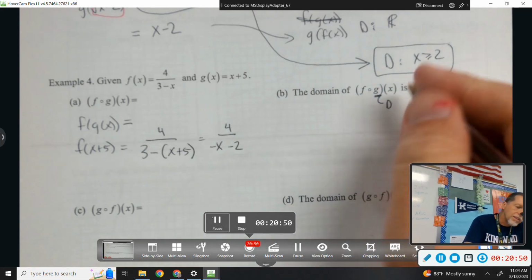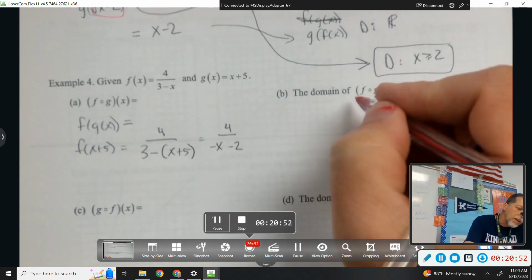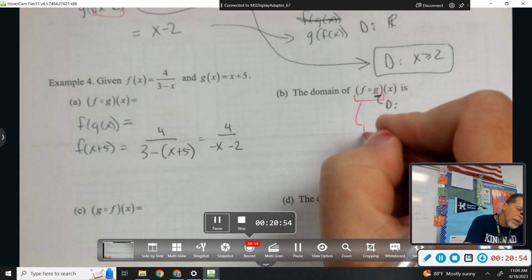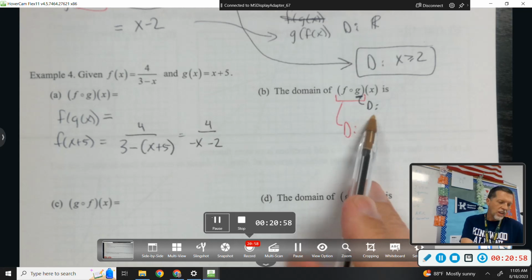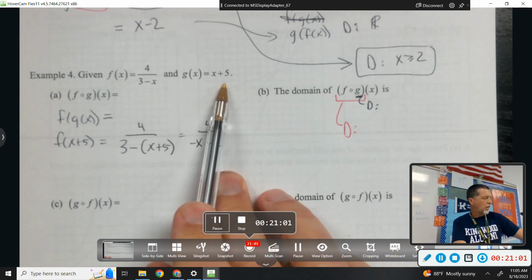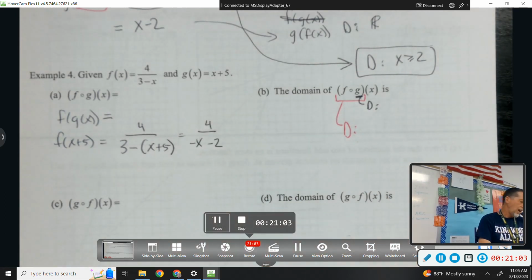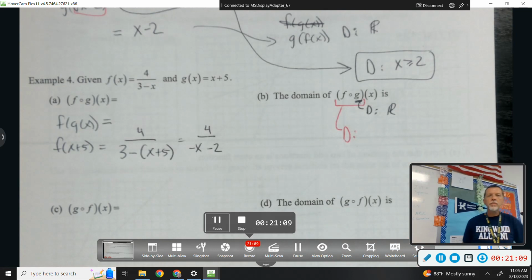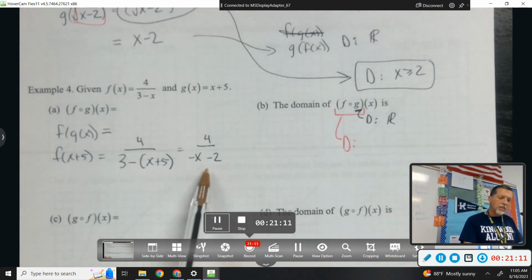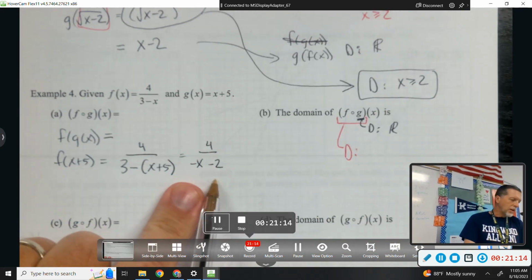Different ways to think about the inside and think about the overall. So the inside is g. G is x plus 5. What's the domain of x plus 5? It's all real numbers. We can do whatever we want in there. But the domain of the overall, whoops, I better be careful.